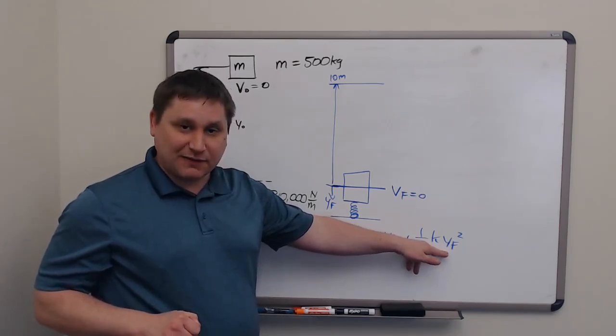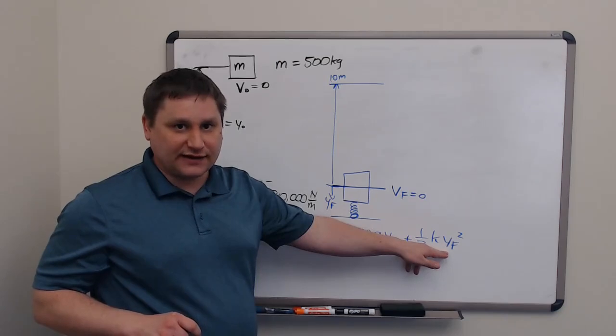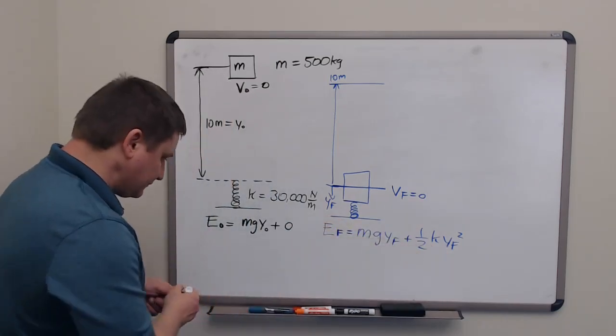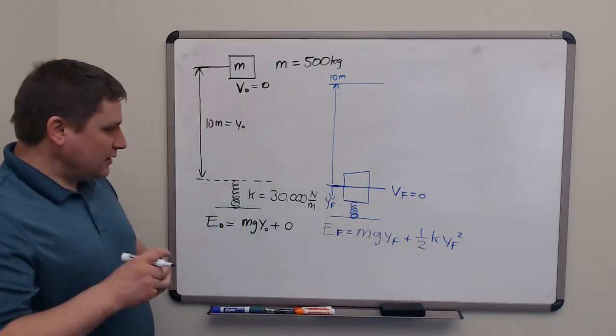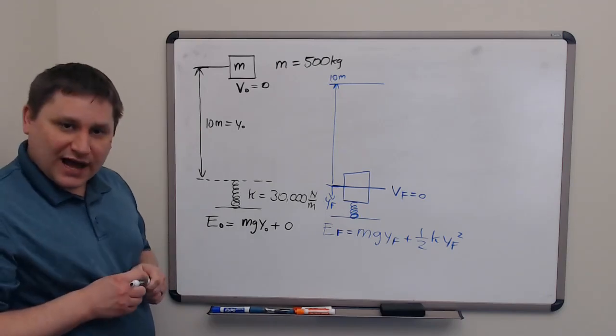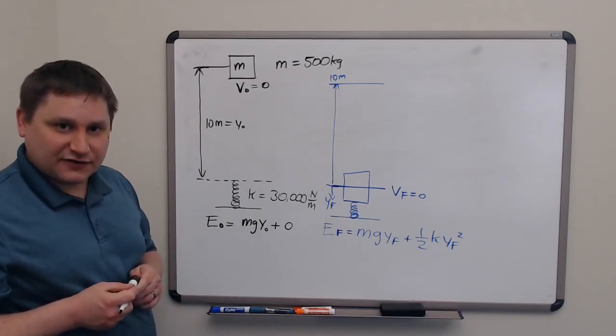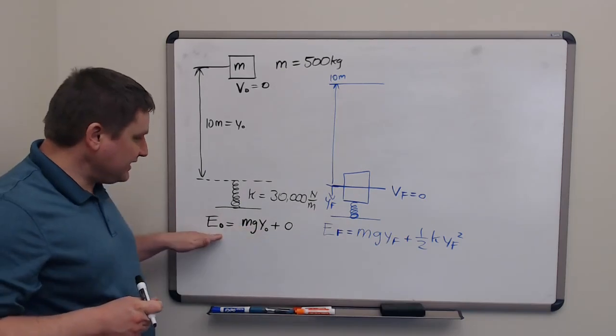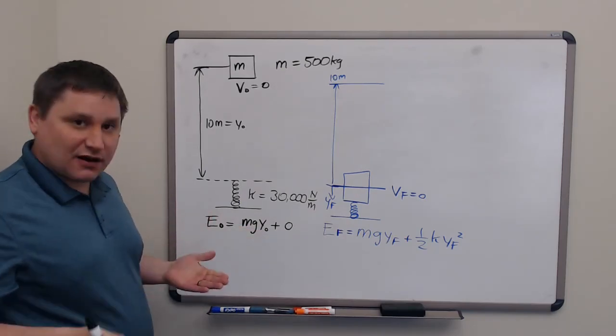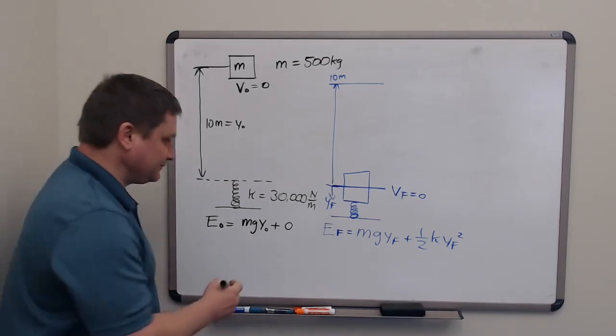A spring stores positive energy whether it's compressed or extended. To solve for yf, we will use the principle of conservation of energy. The final energy and initial energy must be the same, since there are only conservative forces.